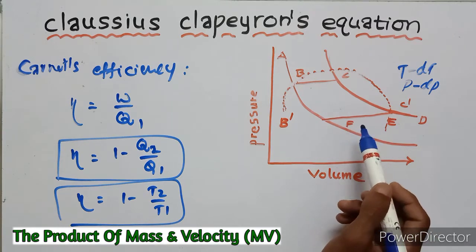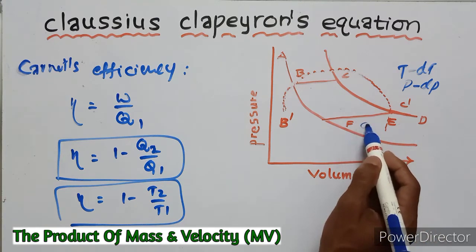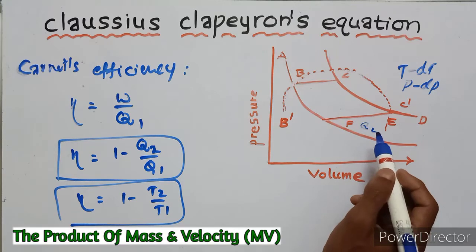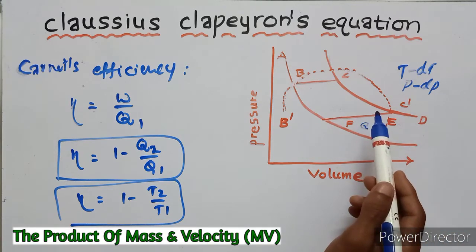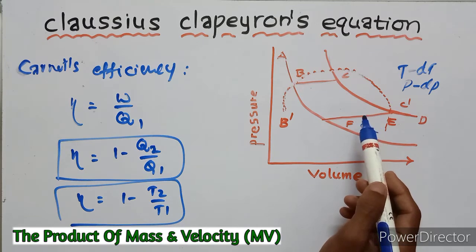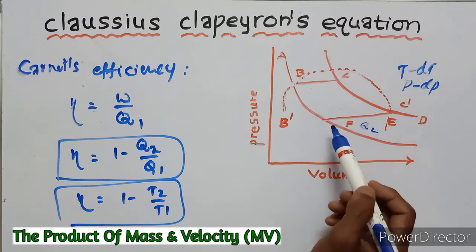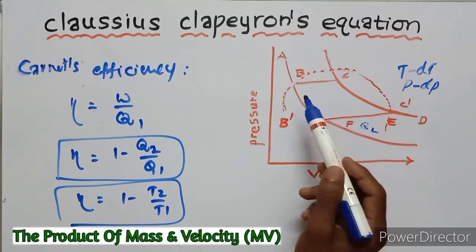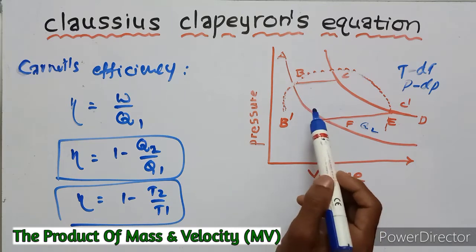Here the vapor rejects heat Q2 at temperature T minus dt and gets converted into liquid. Fourth one is the reversible adiabatic compression, that is FB.